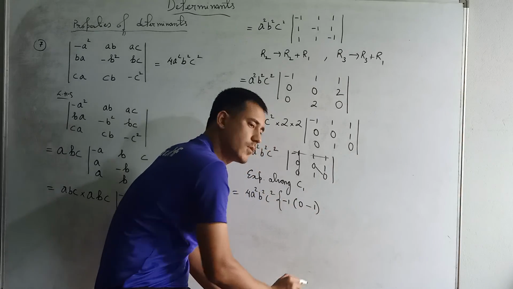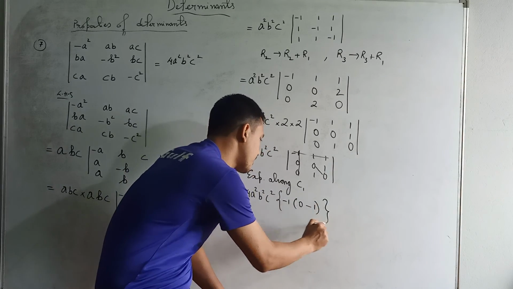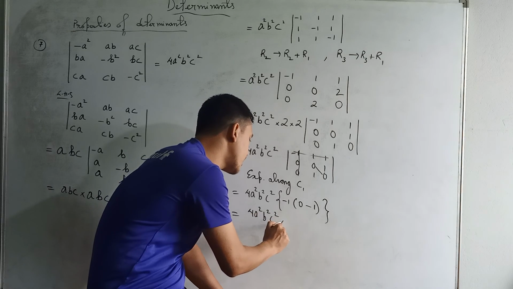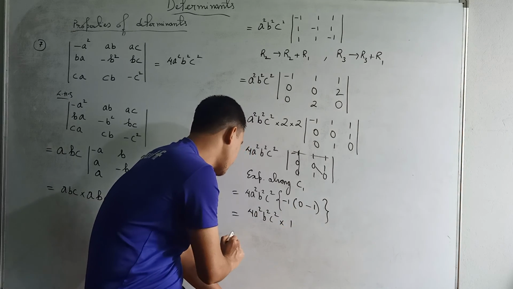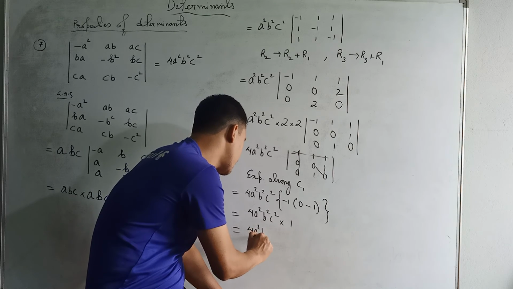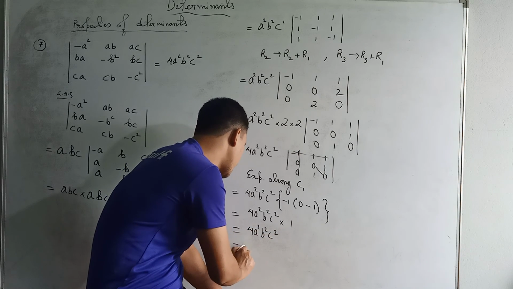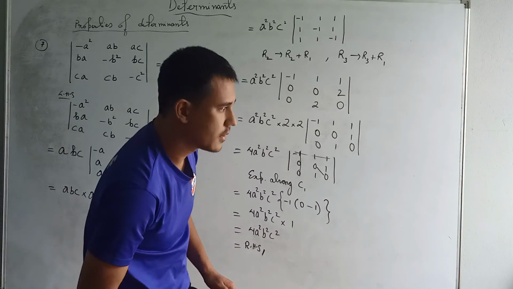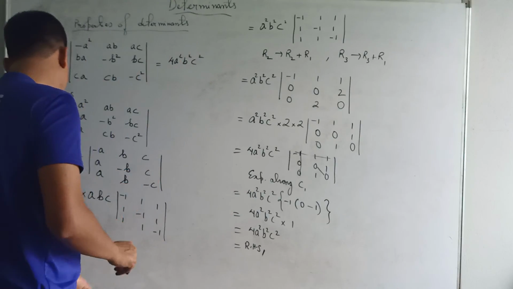The remaining elements will be 0. So 4a square b square c square times 1, that is 4a square b square c square, which is your required right hand side. It's very simple. Okay. So with this we end our class.